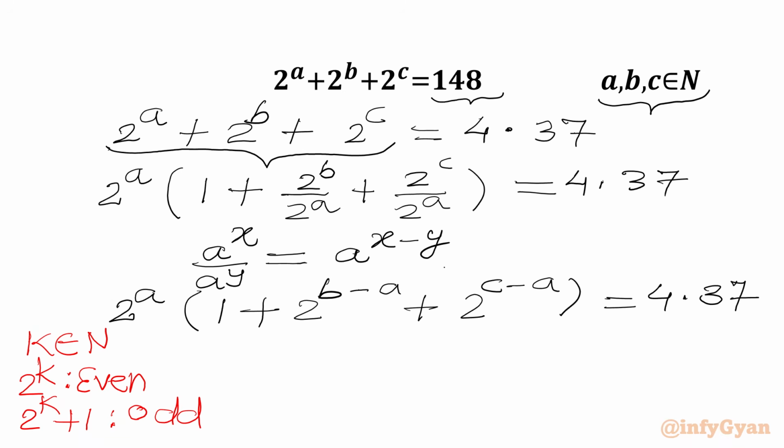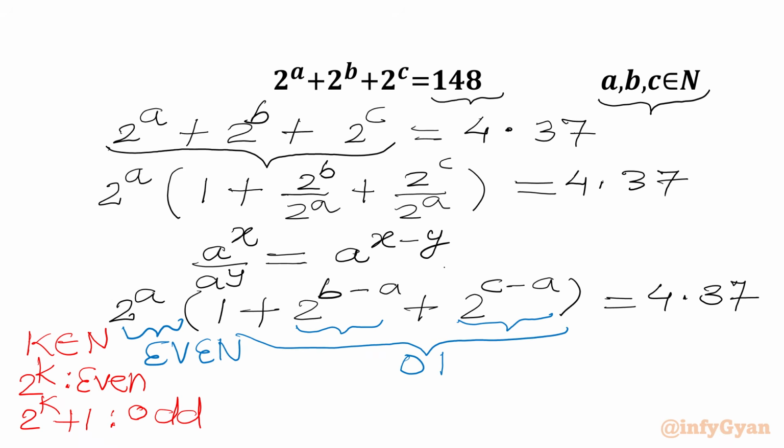So we have 2 power a in the LHS, which is an even number. 2 power b minus a will be even, 2 power c minus a will be even, even plus even will be even, plus 1 is odd. So this bracket will be odd.